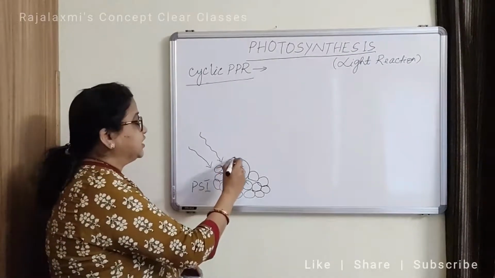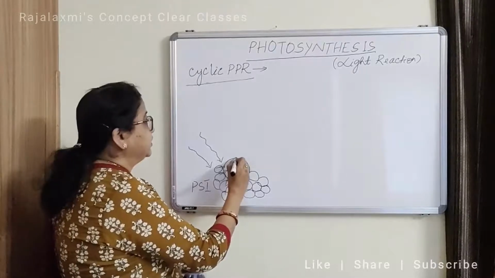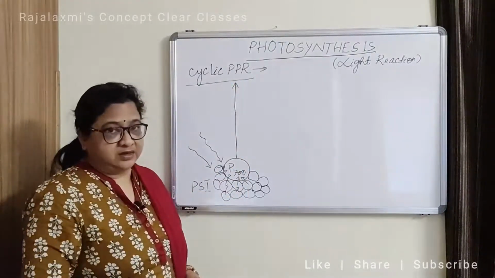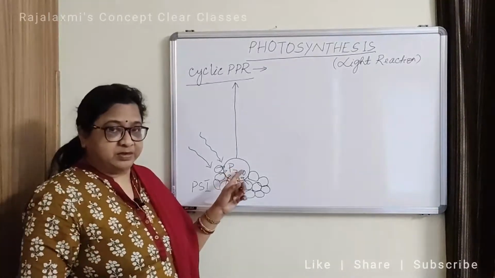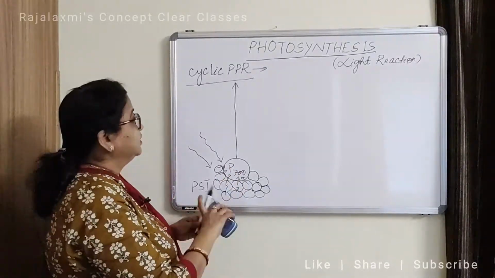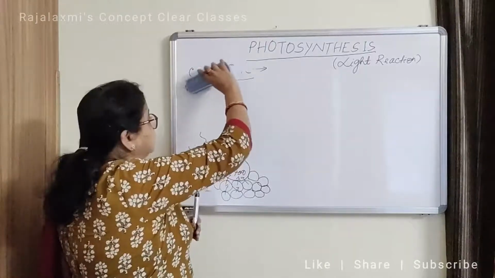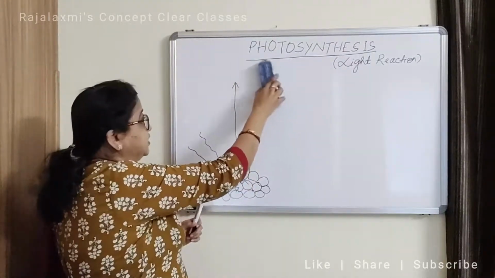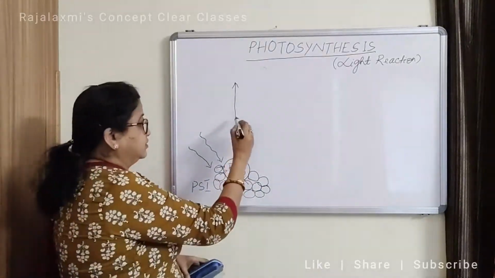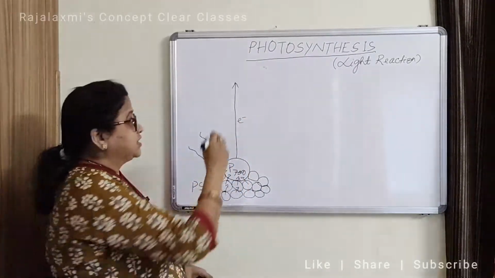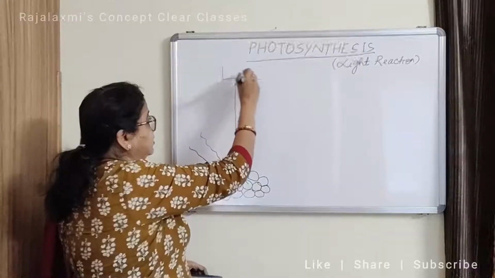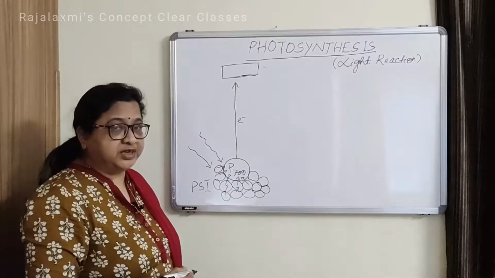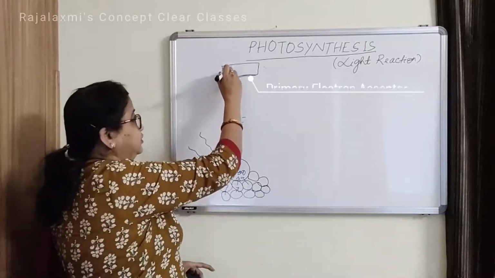So from this excited chlorophyll molecule, an electron is expelled from the chlorophyll P700 molecule. This electron is then accepted by the first electron acceptor, or primary electron acceptor.